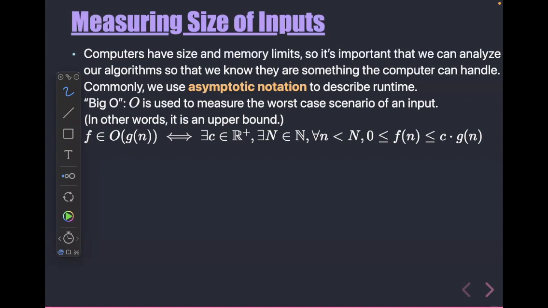And often we just talk about it in terms of a general n, where n is usually the size of your input. The way you would formally say this is: there exists a c in R plus, some kind of positive constant, and there exists an N in the set of natural numbers, which is the bound on the size of your input.